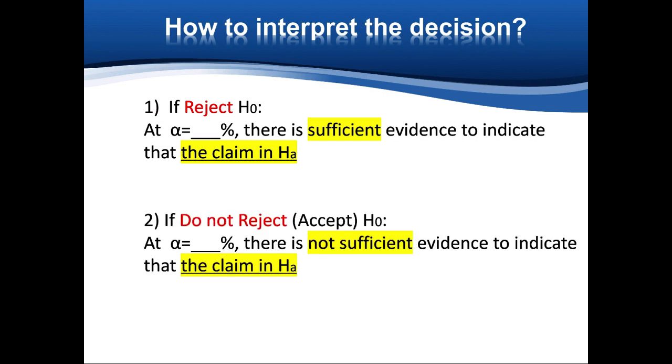If the decision is do not reject H0 or accept H0, we can say that at alpha equal to a given percentage, there is not sufficient evidence to indicate the claim in HA.